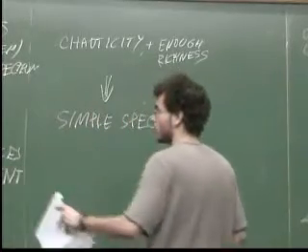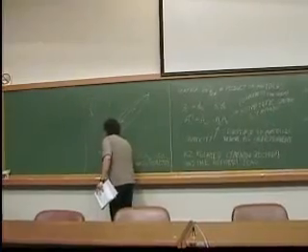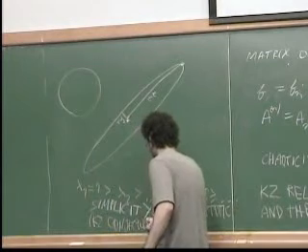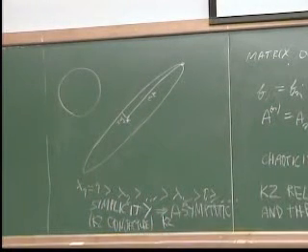And this was the Kontsevich-Zorich conjecture. These implications prove the Kontsevich-Zorich conjecture. So the chaoticity plus richness implies simple spectrum.